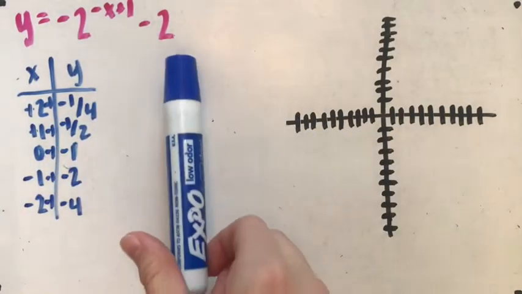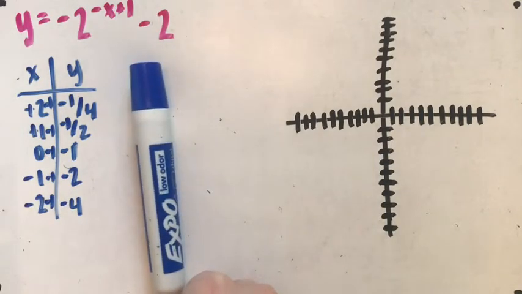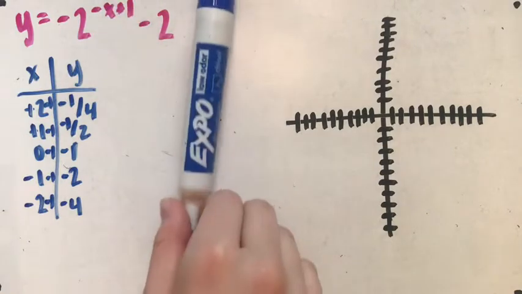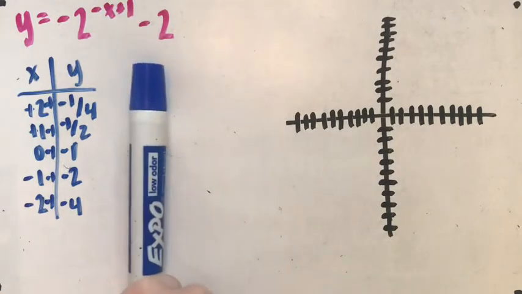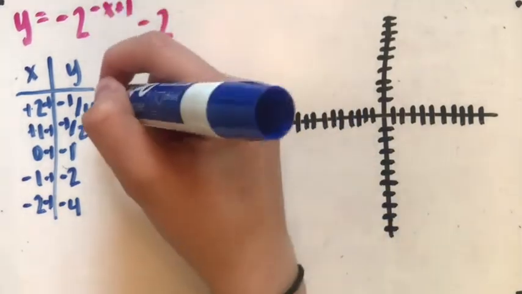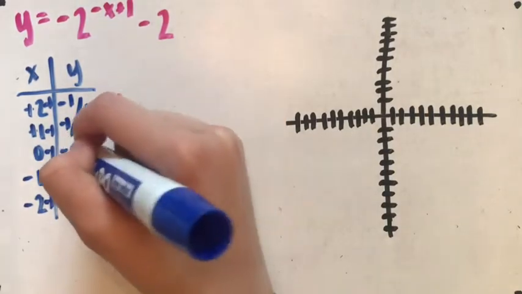And then, just like the last equation we did, we have another k value, which moves the function. This time it moves it down because it's negative, so that we subtract 2 from all the y values.